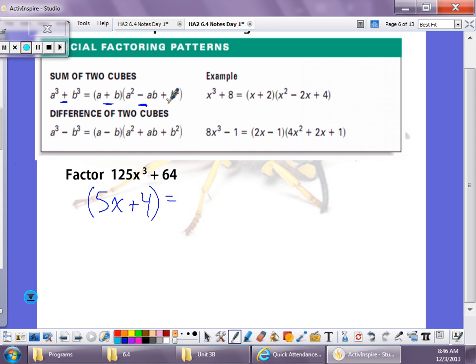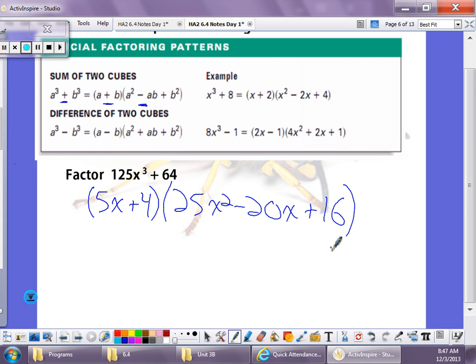So you get 5x plus 4. And then we have a squared, so 25x squared, minus ab. So ab is 20x, so minus 20x plus 4 squared. Plus b squared, so plus 16.